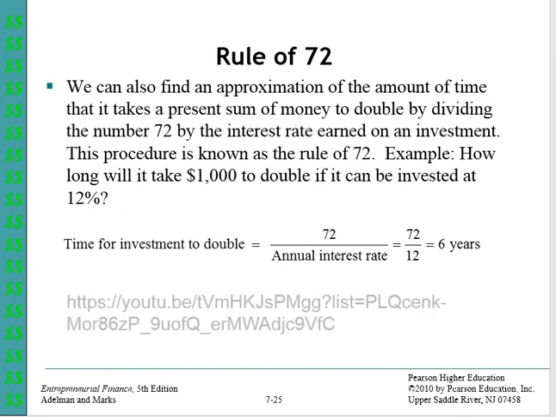Another very popular question is interest rate, or how long does it take for your money to gain value? There's really only one true application that's kind of universally known, and that's something called the Rule of 72.